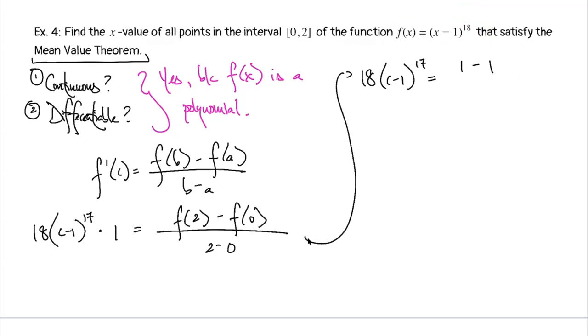All right, so my f of 2 and my f of 0 are actually the same, divided by b minus a, which is 2. Now, if we simplify this, we get 18 (c minus 1) to the 17th equals 0.